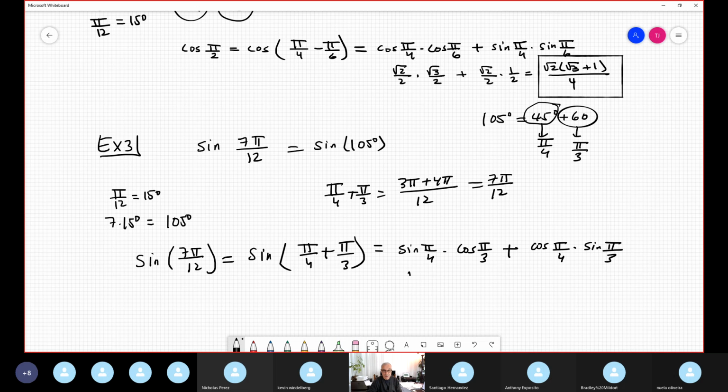Sine pi over 4 is radical 2 over 2. Cosine is 1/2 of the 60 degrees, plus radical 2 over 2 again, and this sine gives radical 3 over 2. Similarly, the denominator is 4, 2 times 2, radical 2 is a common factor, and the answer is radical 2 times 1 plus radical 3, over 4.